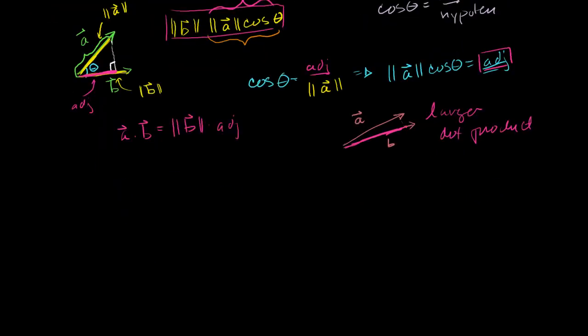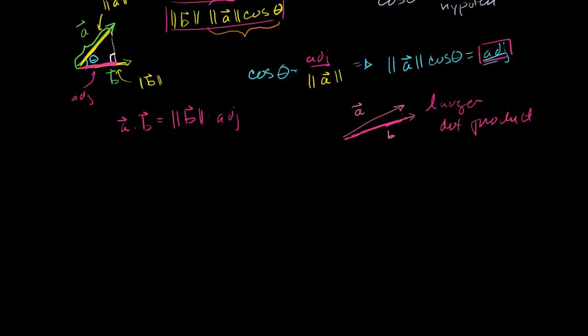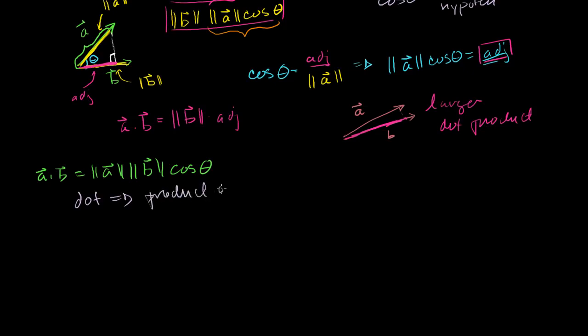So the takeaway is the fact that A dot B is equal to the lengths of each of those times the cosine of theta. To me, it says that the dot product tells me how much my vectors are moving together, or the product of the lengths of the vectors that are moving together, or in the same direction.